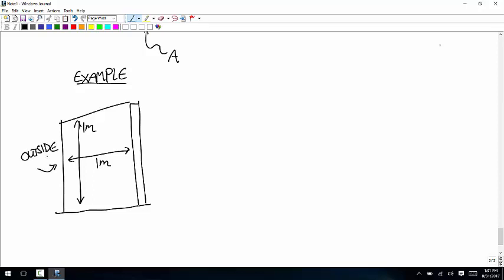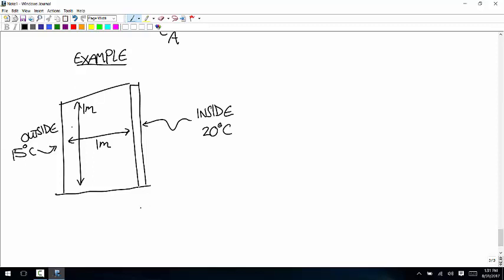Right at the surface of the window, we have a temperature of 15 degrees Celsius. And then the backside that's obscured is the inside. Right at the surface, that has a temperature of 20 degrees Celsius. And let's say the thickness of the window is 2 centimeters. That's a thick window.